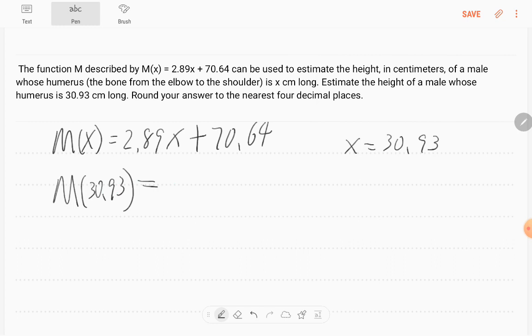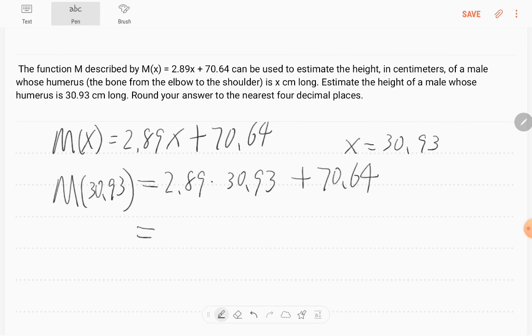We plug 30.93 into this function. This is 2.89 times 30.93 plus 70.64. Okay, so let's do the calculation. Use your calculator.